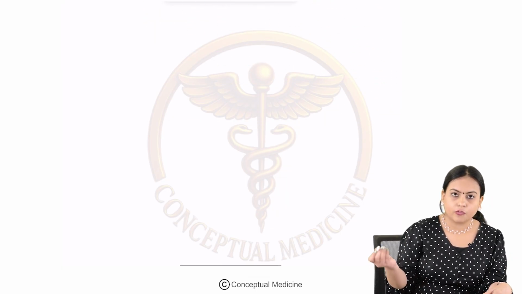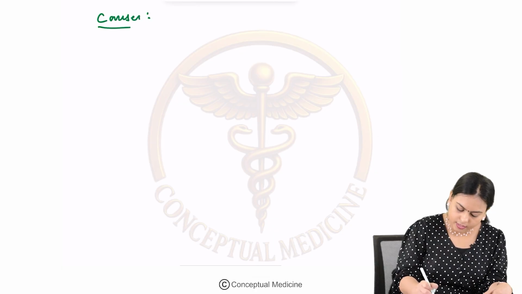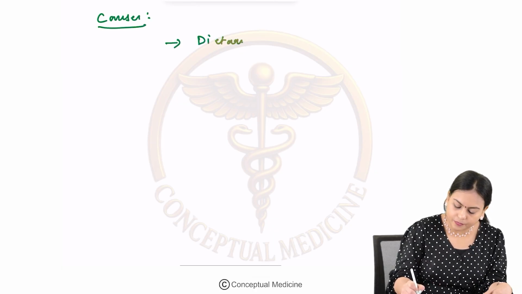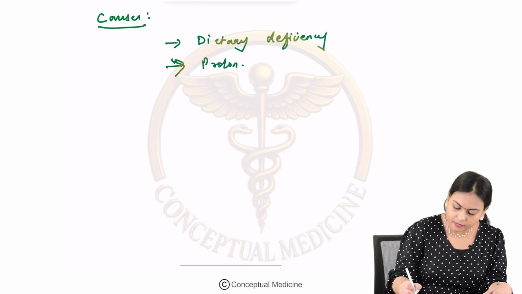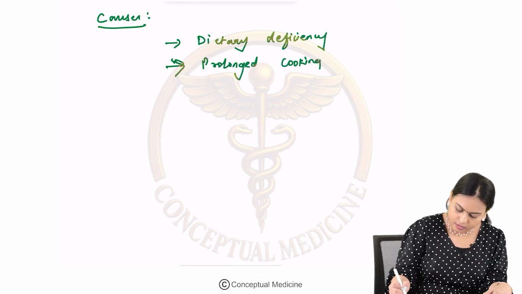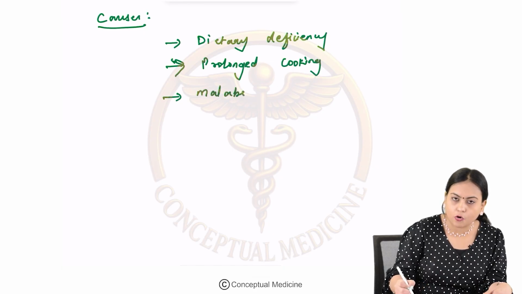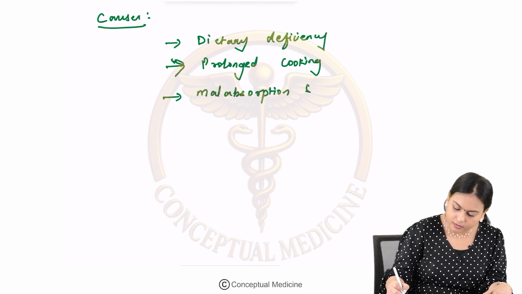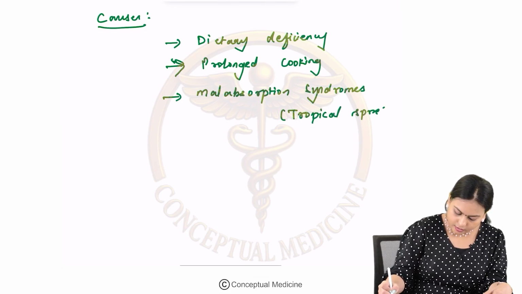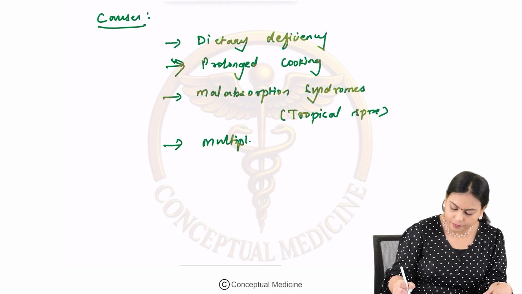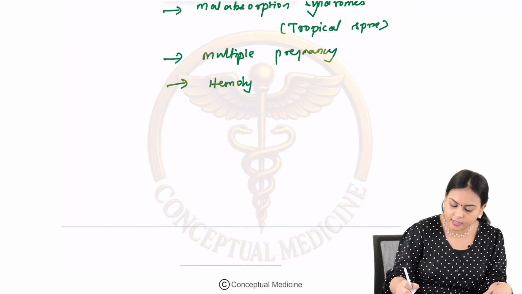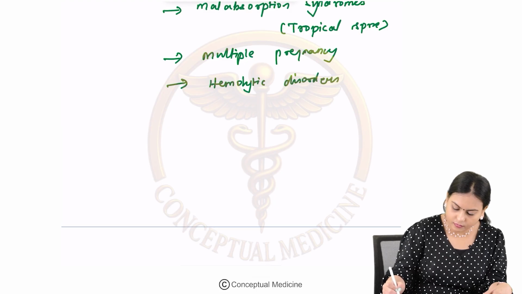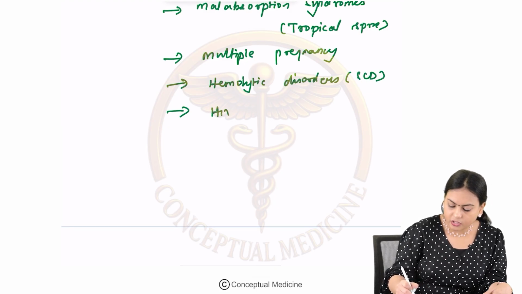So, what are the causes in which folic acid deficiency occurs? The first cause is dietary deficiency, then prolonged cooking of vegetables, then malabsorption syndromes like tropical sprue, then multiple pregnancy, then it is associated with hemolytic disorders like sickle cell disease, HIV infection.